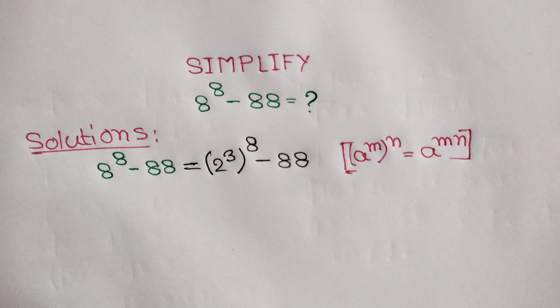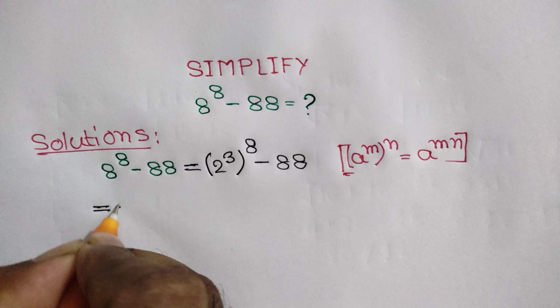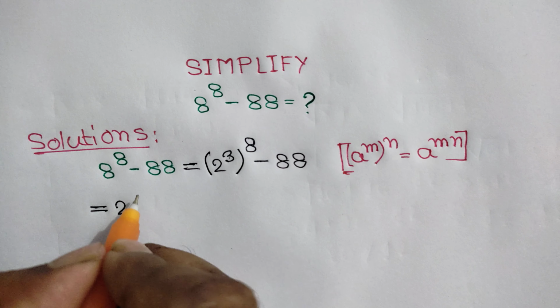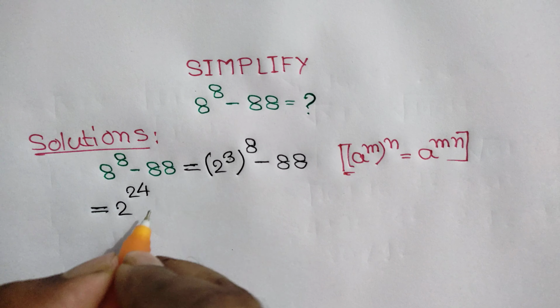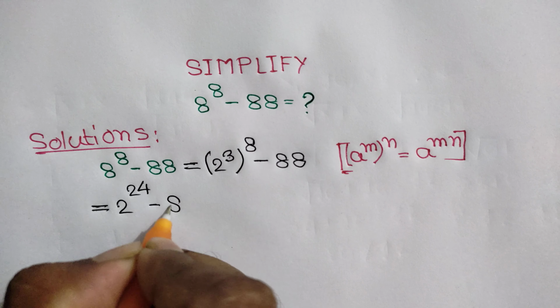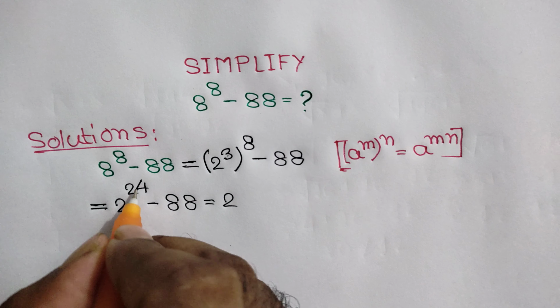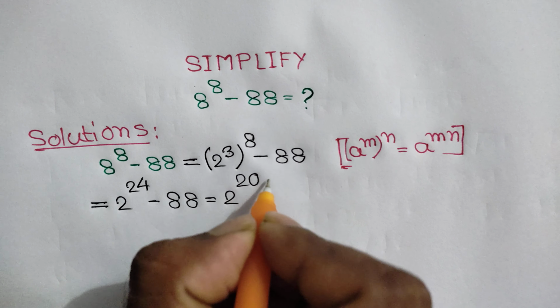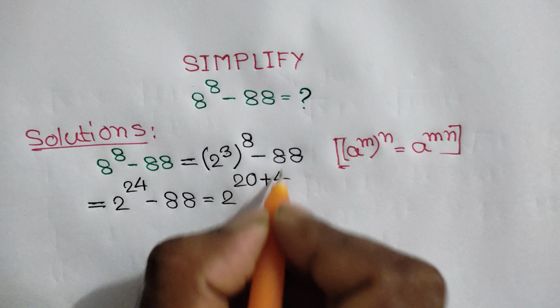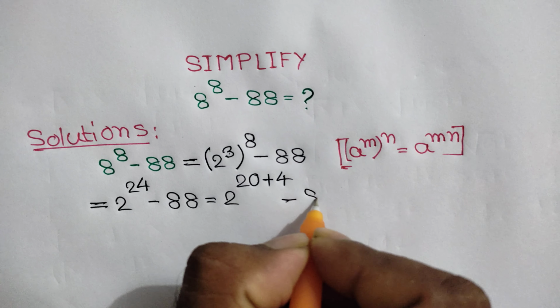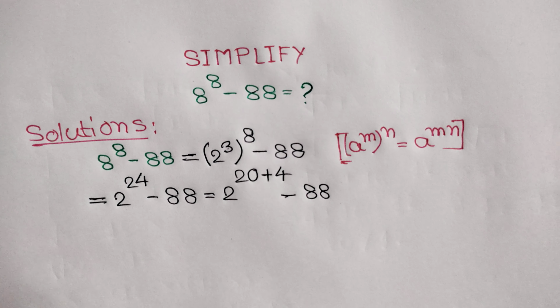So applying this formula, we can write 2 to the power 3 times 8, which is 24, minus 88. Now 2 to the power 24 can be written as 2 to the power 20 plus 4, minus 88.